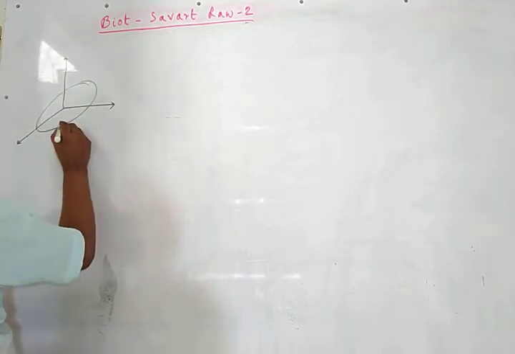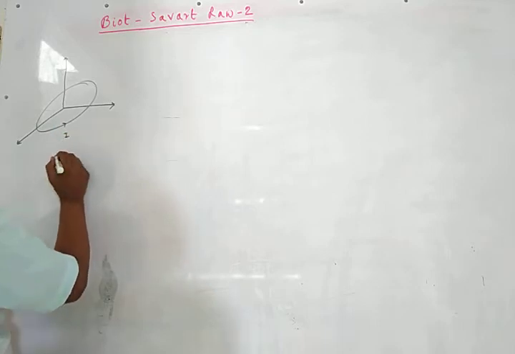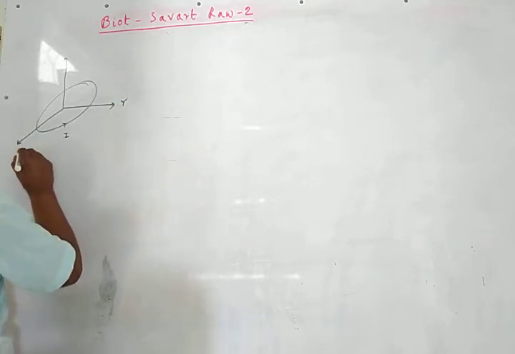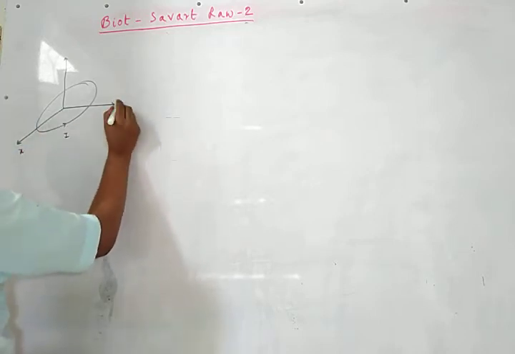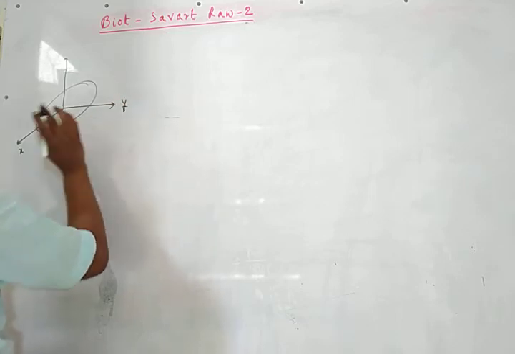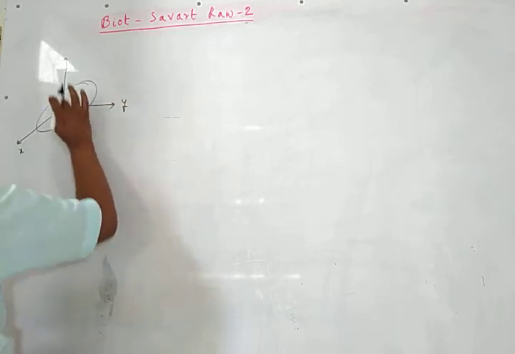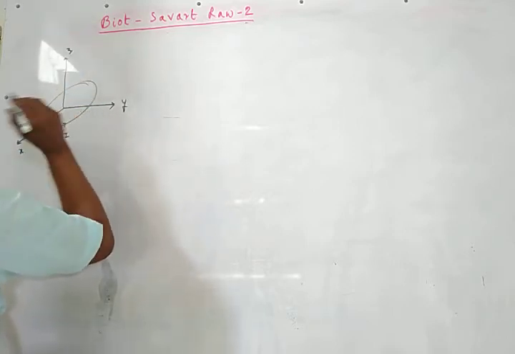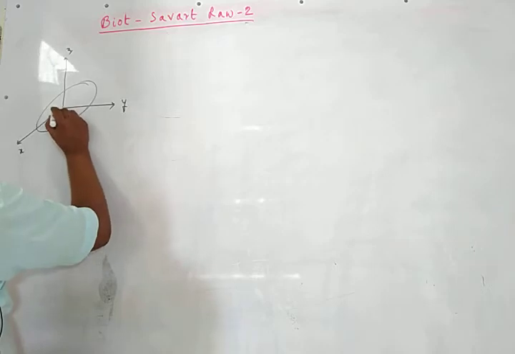We have a circle carrying a current I. We assume the center of the circle as the origin of the coordinate system, and the circle lies in the xy plane. So the z-axis is the axis of the circle. This is the center.